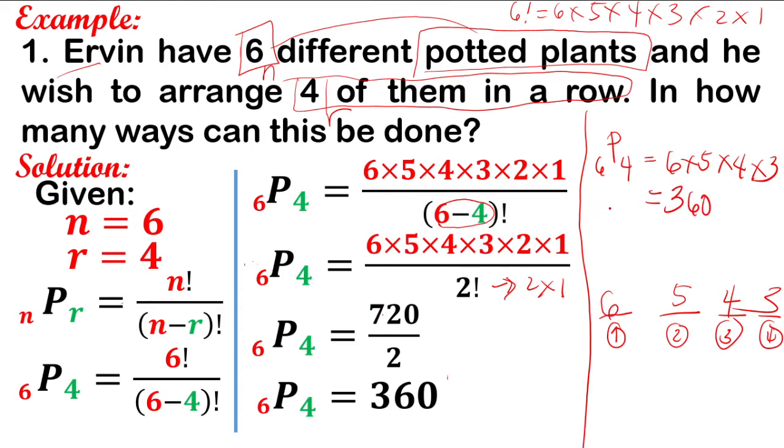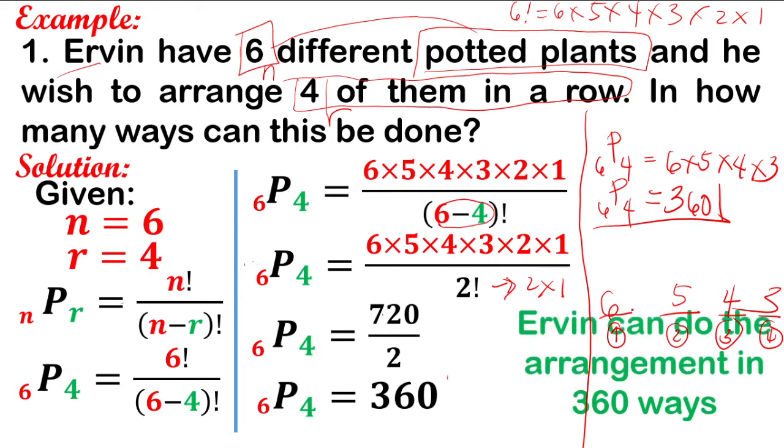Your way of answering is shortened. So, the permutation of 6 potted plants taken 4 at a time is equal to 360. Irvin can do the arrangement in 360 ways. It's your choice which one you will use when you solve later, the longer version or the shorter version.